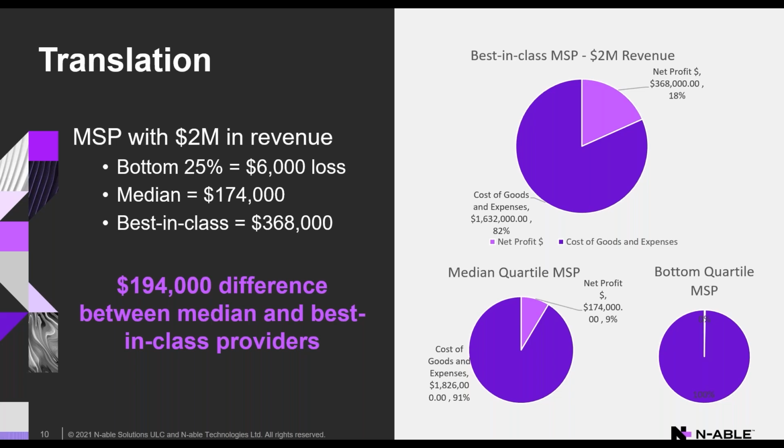So anything that can push us up in those quartile numbers can equate to, across $2 million worth of revenue, anywhere from 175K to 200K in profit growth, right? Or at least as we see ourselves jump those quartiles.